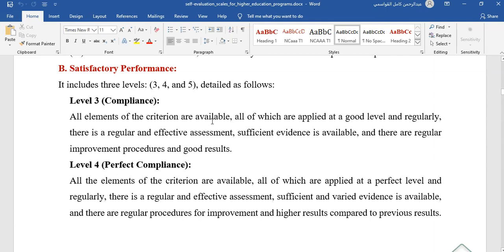Please look carefully here at the keywords. First of all, the elements are available and they are applied in a regular manner using effective assessment, and there is evidence and there are regular improvement procedures, and you have good results.